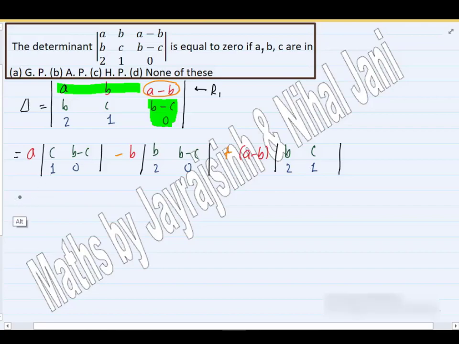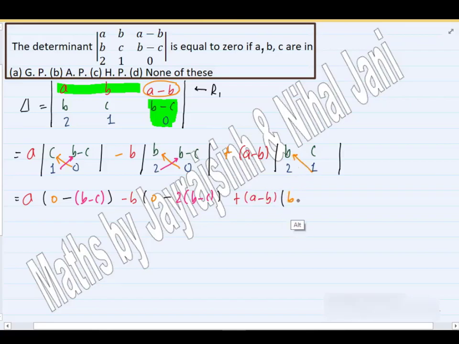Now just simplify. Our A will be as it is, 0 into C is 0, minus 1 into B minus C will give us B minus C. Then minus B as it is, 0, B is again 0, minus 2 into B minus C will give us 2 times B minus C, plus A minus B as it is, and 1 into B is B, minus 2 into C is 2C, right?